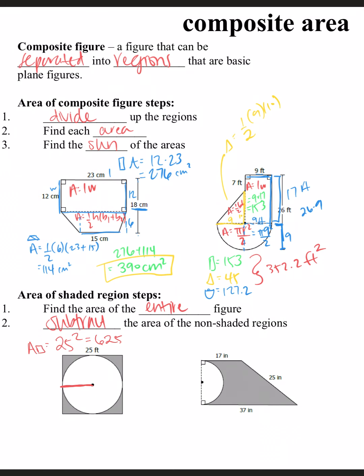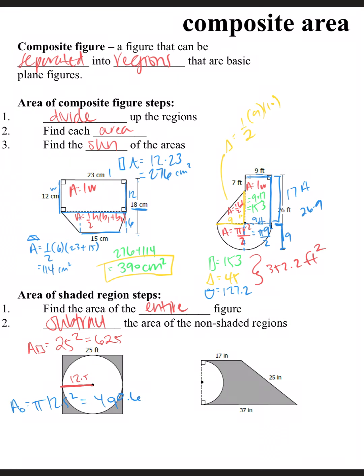So I'm going to take that 25 and divide it by 2 to give me a radius of 12.5. So the area of our circle equals pi times 12.5 squared, and that is 490.6.